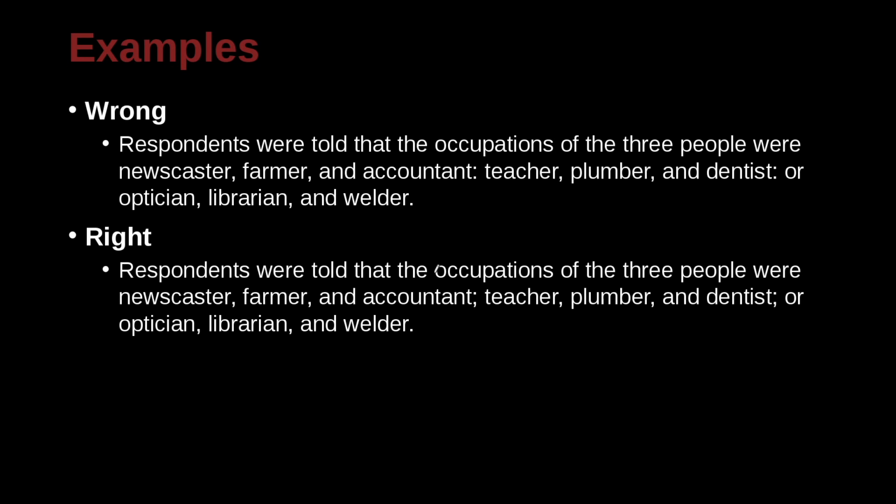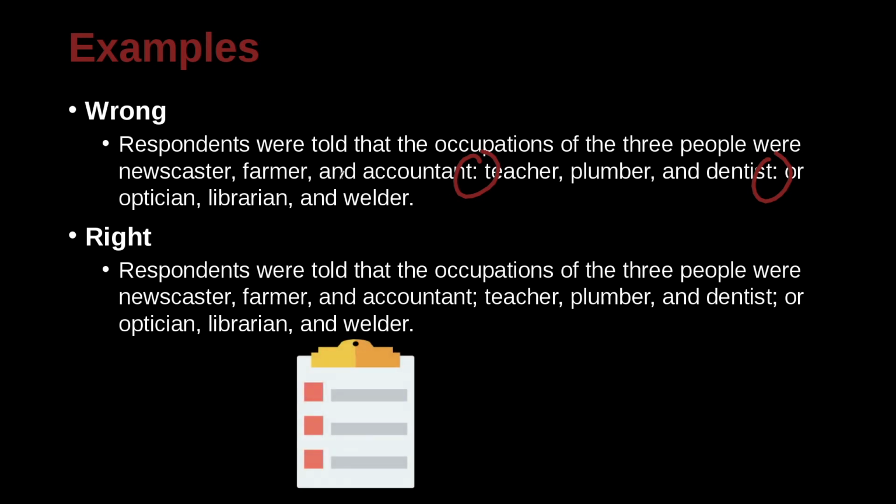Respondents were told that the occupations of the three people were newscaster, farmer, and accountant; teacher, plumber, and dentist; or optician, librarian, and welder. And in this case, what we have is a list. We have three lists, right?